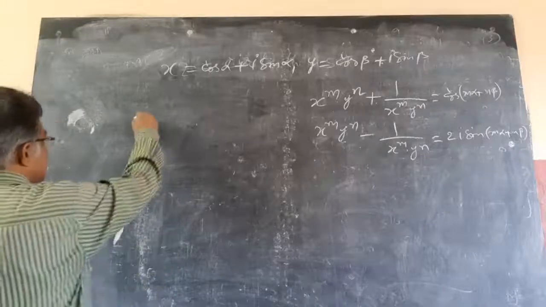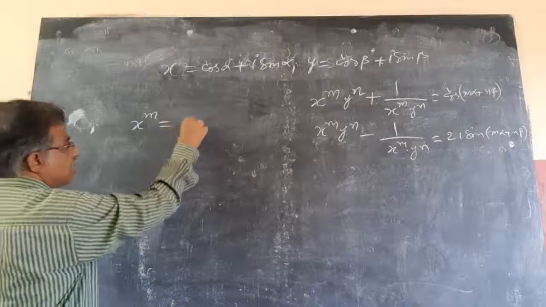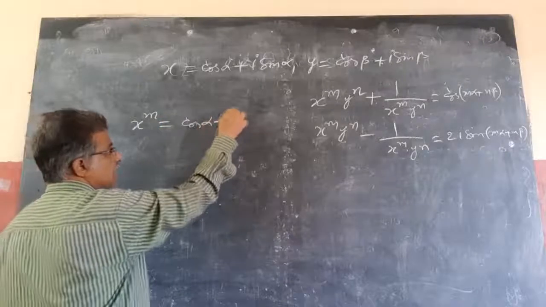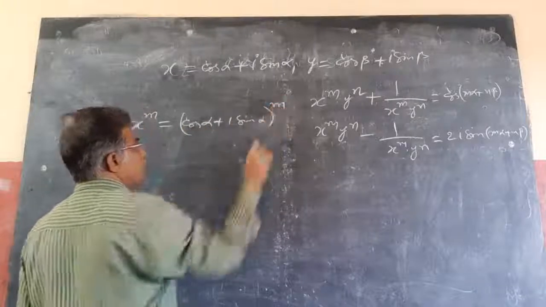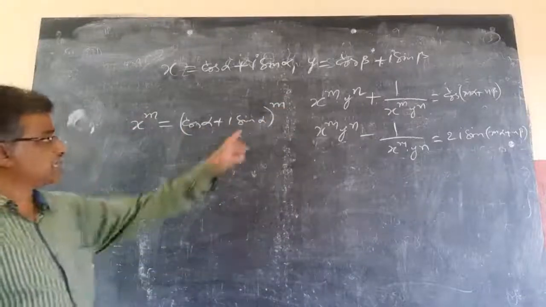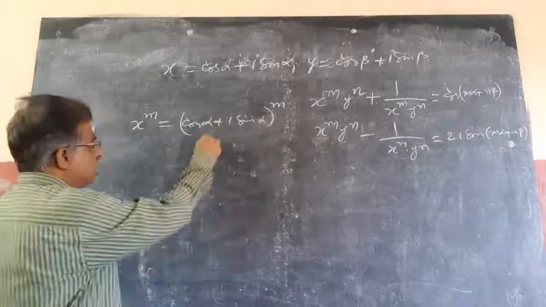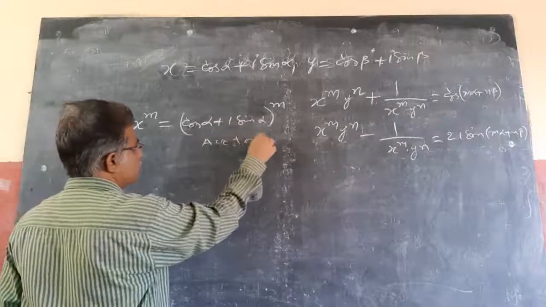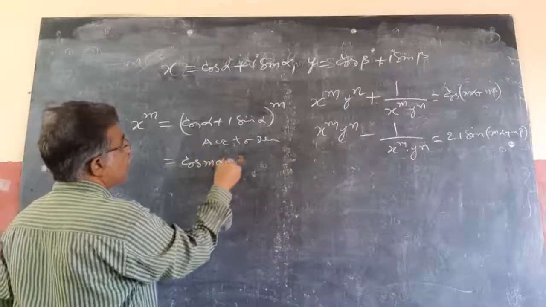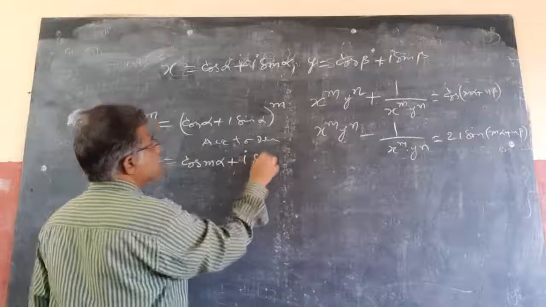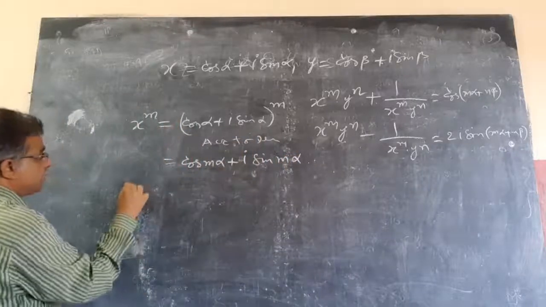Now we know what x power m is. x power m means cos alpha plus i sin alpha whole power m. According to De Moivre's theorem, I can write this as cos m alpha plus i sin m alpha.